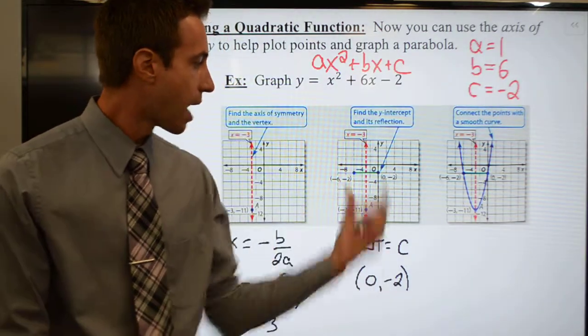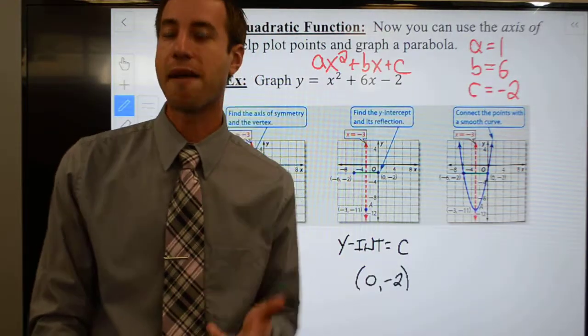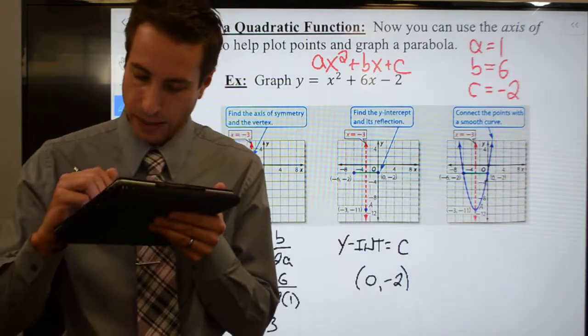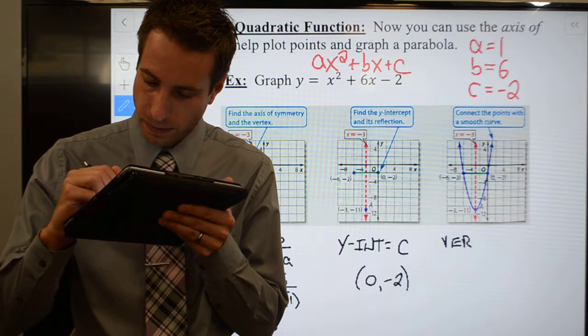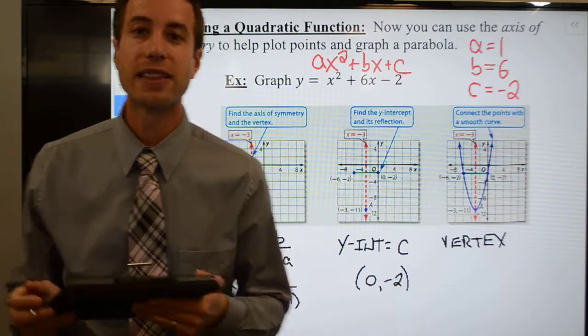All right, so there we go. I've found those 2 points. Now what we're going to do is go ahead and graph the parabola. And the way that we do that is we need to find the vertex. Here's how you find the vertex.